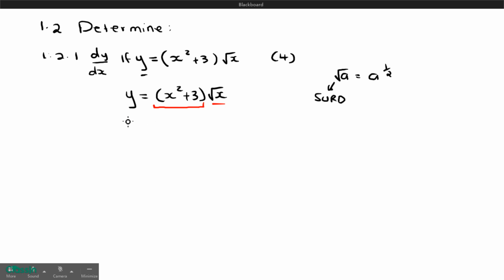Now, our y is equal to x squared plus 3x to the power of 1 over 2. Because x to the power 1 over 2 is a common factor of x squared plus 3, this means that we must multiply x to the power of 1 over 2 by 3, and x to the power 1 over 2 must also multiply x.